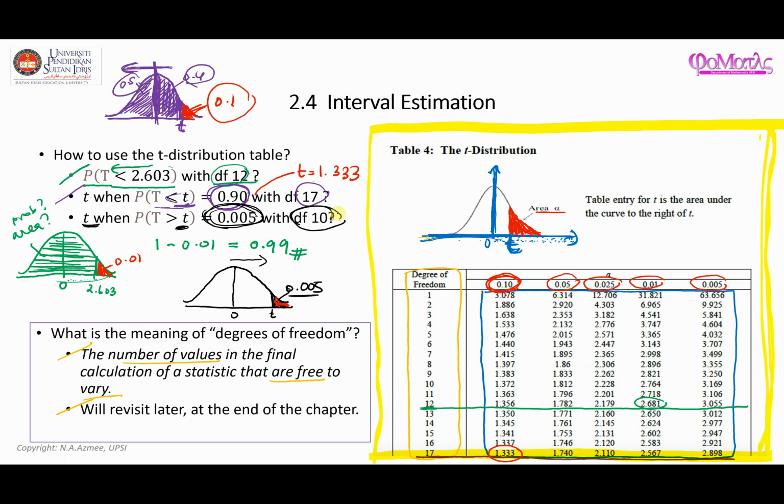So degrees of freedom 10 is this one, and you can go direct to 0.005. 0.005 is this one, and so the answer for that is 3.169. So this one is t is equal to 3.169.